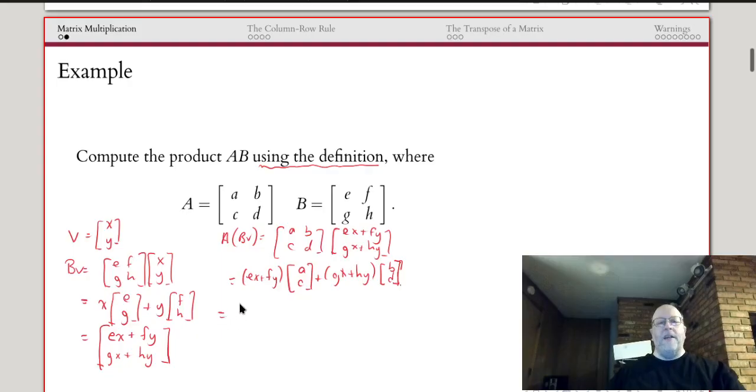So that is, in the top row, EX plus FY times A is AEX plus AFY, plus GX plus HY times B, so that's BGX plus BHY. In the bottom row, we get CEX plus CFY plus DGX plus DHY.